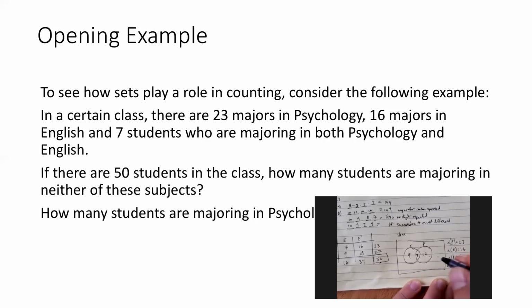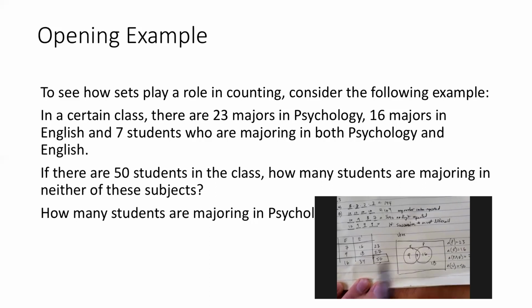Yep, 32. And that would mean that this out here is 18 for the not in English, not in psychology, or both. And that's actually the same value that we get right here. So all the numbers should match up that we have.